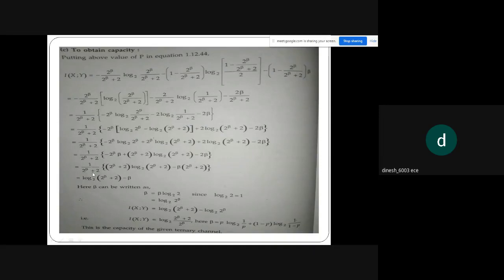So just simplifying inside, we get the maximum mutual information I(X;Y) equal to log to the base 2 of (2 power beta plus 2) minus log to the base 2 of 2 power beta. So instead of this beta, we are substituting log to the base 2 of 2 power beta as here.